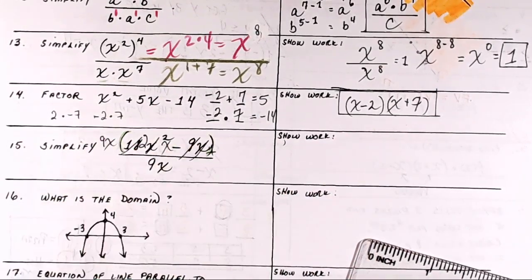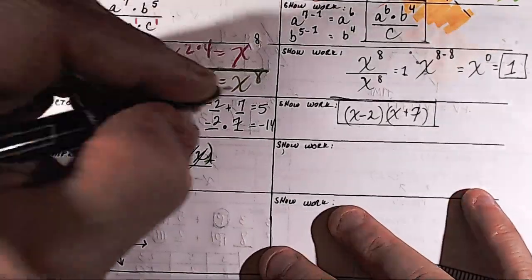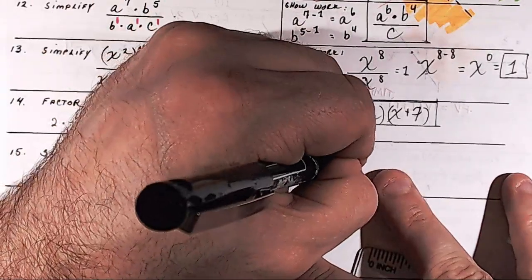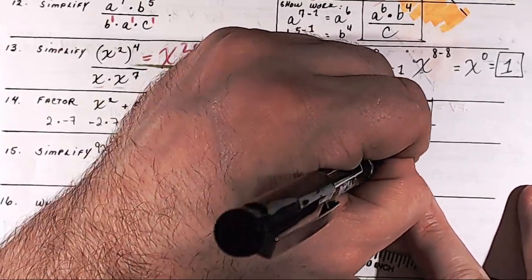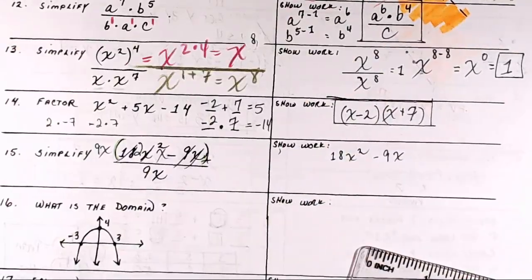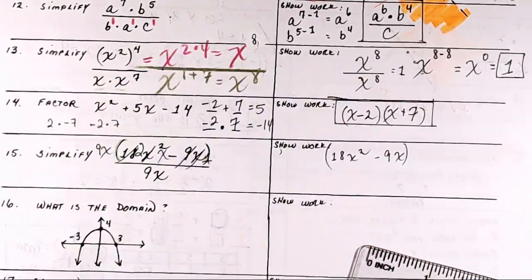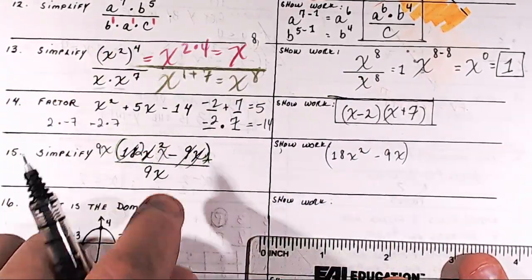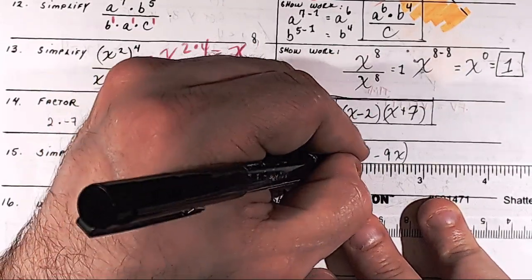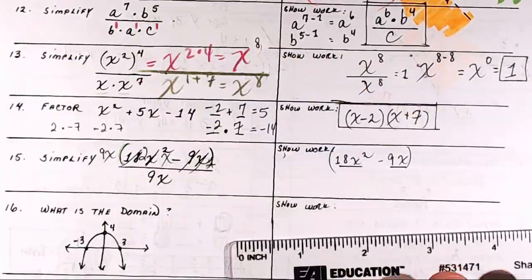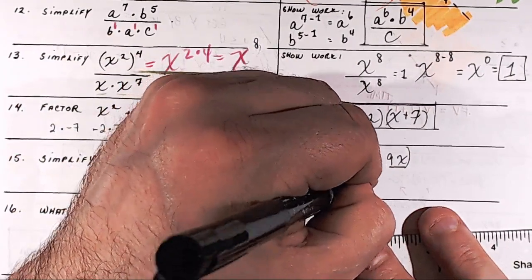This got real messy over here, so I'll show that again. I have 18x squared minus 9x. I want to factor this, I want to pull a common factor out. So what I'm going to do is divide both of these terms by 9x.